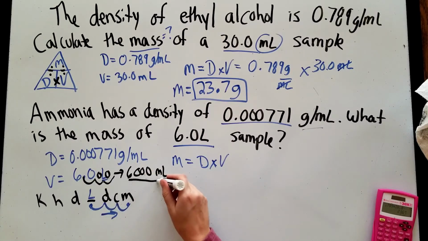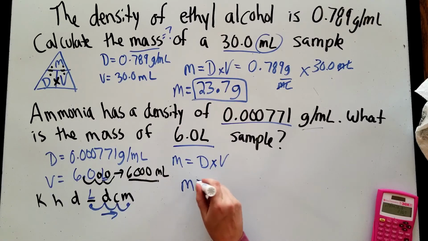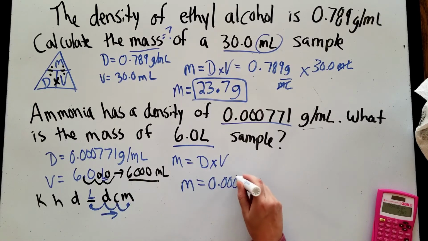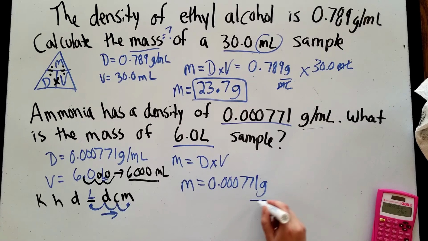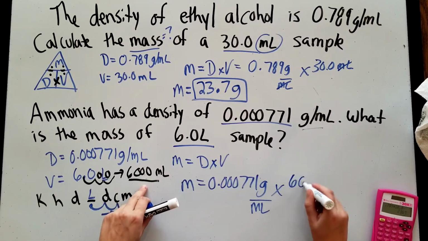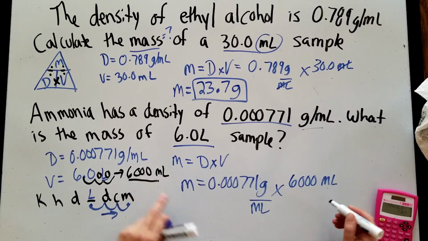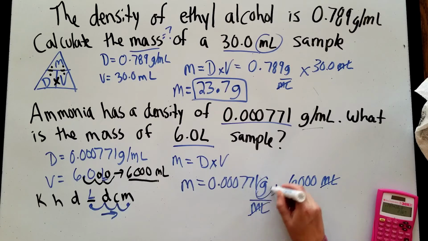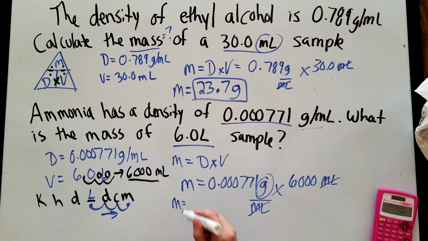So this is the number I'm going to want to plug in as my volume, since it's in the correct units. So solving, I'm going to plug in my density, which is 0.000771 grams per mil. Multiply that by my volume, the converted volume of 6,000, because that's the milliliters. Now that they're both milliliters, those milliliters cancel, leaving my units as just grams.